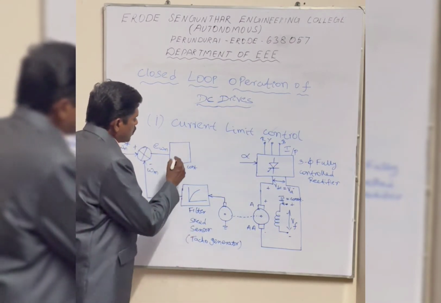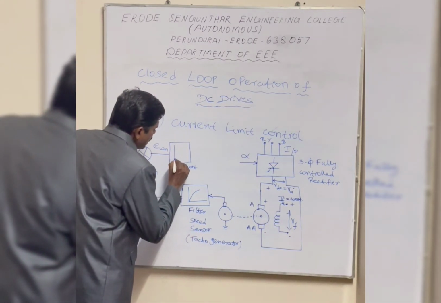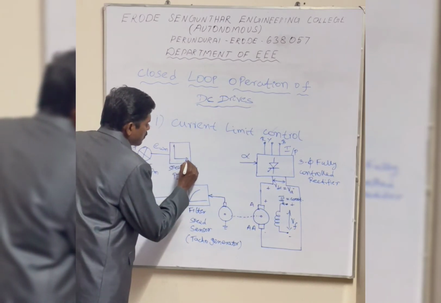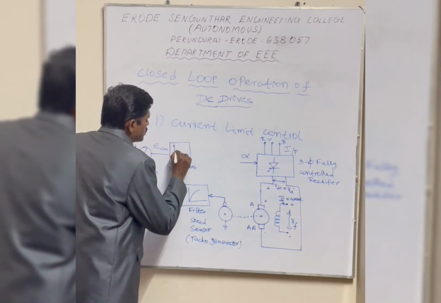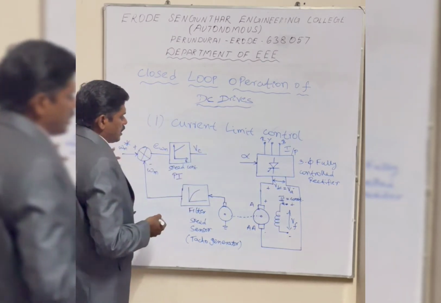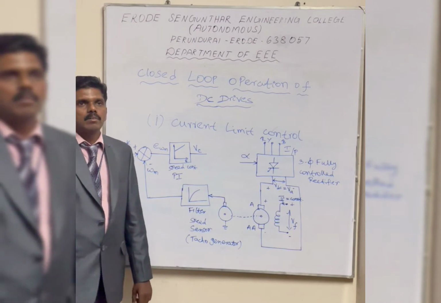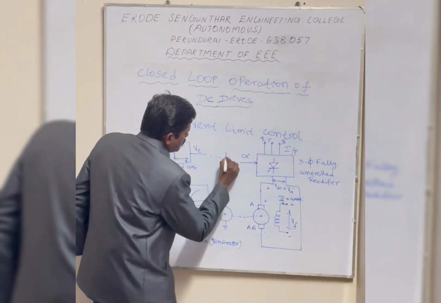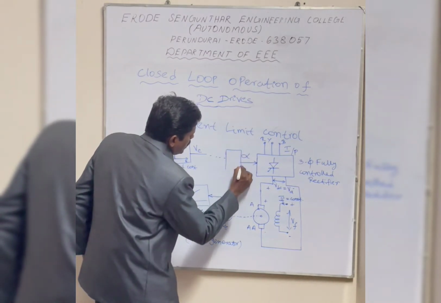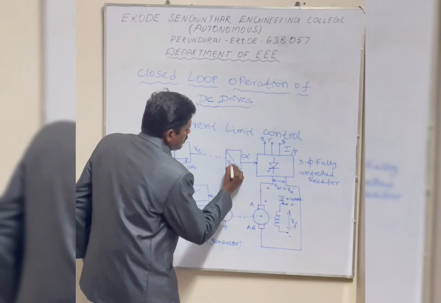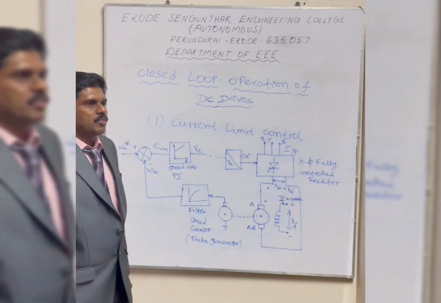That PI controller will generate a control signal based on time. That PI controller output, called Vc, will be given to the firing circuit of the rectifier circuit.